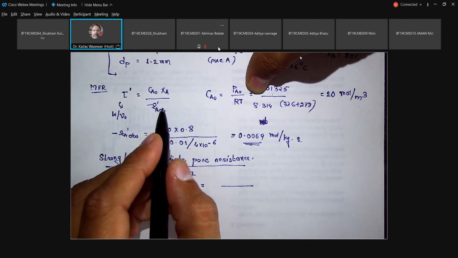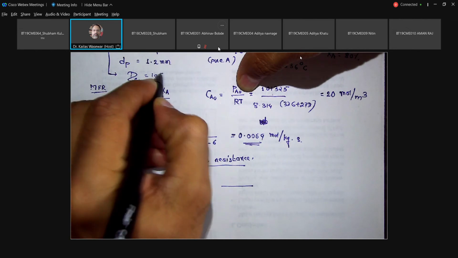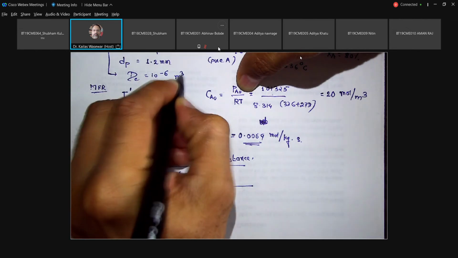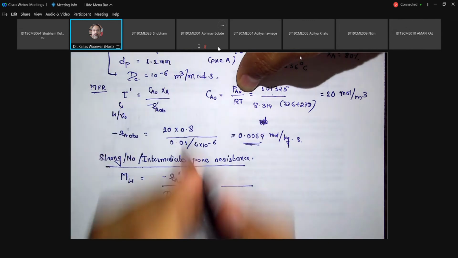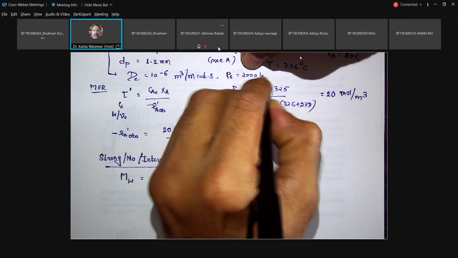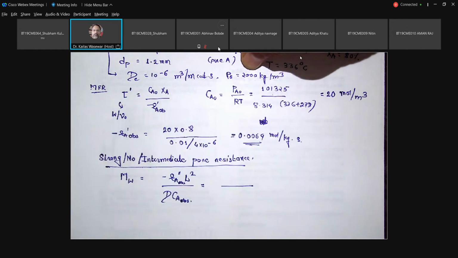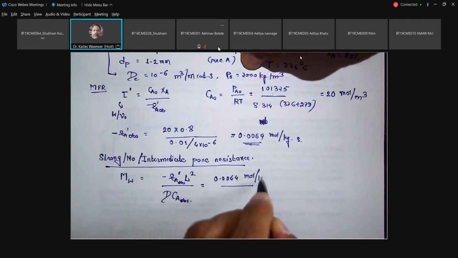It is 10 to the power minus 6 meter cube per meter catalyst second. And also the density of the particle is given as 2000 kg per meter cube. Now this will be the 0.0064 mole per kg second.